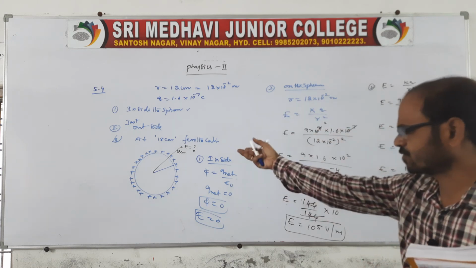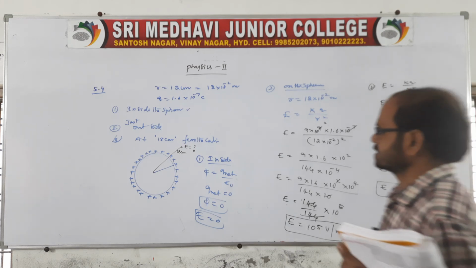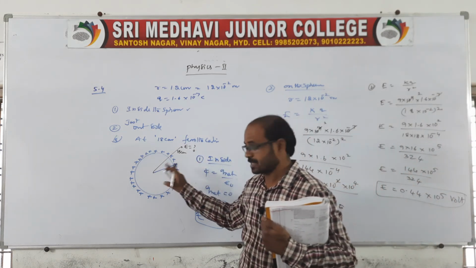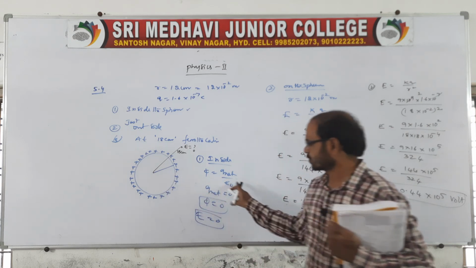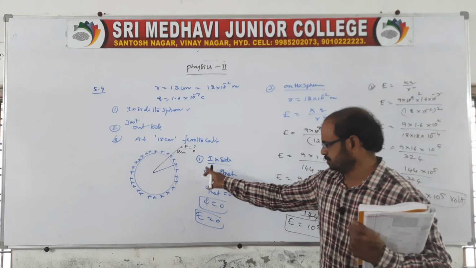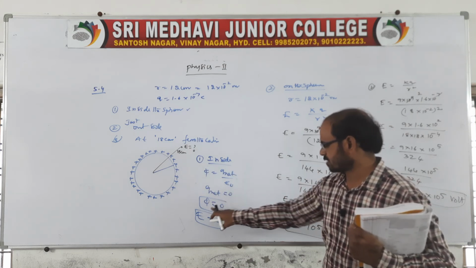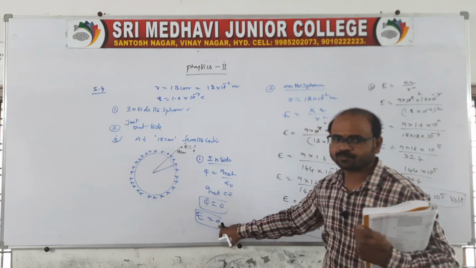That's what inside. Of course there is no net charge. If there is no net charge, what will happen? Electrical field intensity will be 0, because the flux is 0. When flux is 0, according to Gauss law, there is no charge. Therefore Q net is equal to 0, then flux is equal to 0, then E is 0.